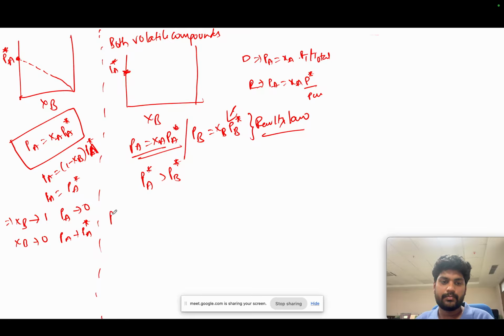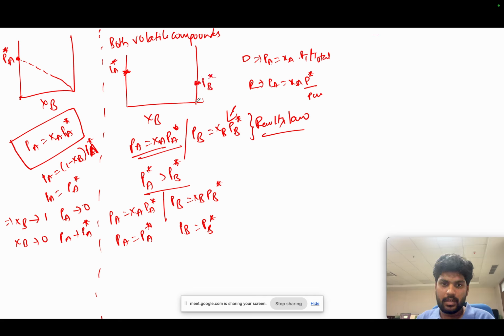Say suppose at xb equal to 0 we will get Pa equal to Pa star. At xb equal to 1 we get Pb equal to Pb pure, and there is one more condition which says that Pa is greater than Pb, so it will be around here.